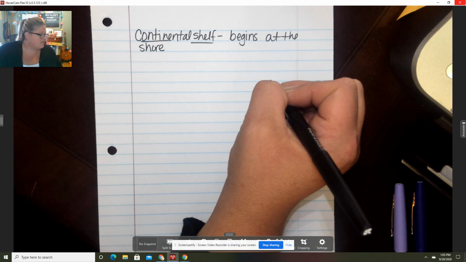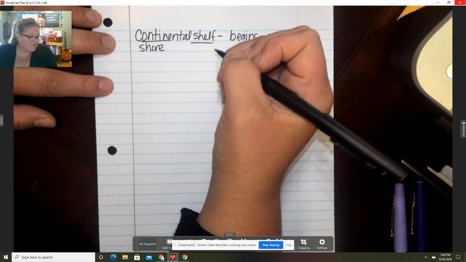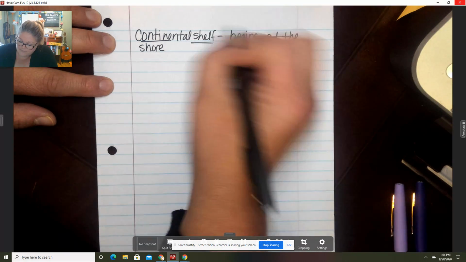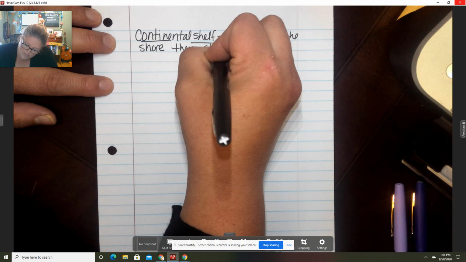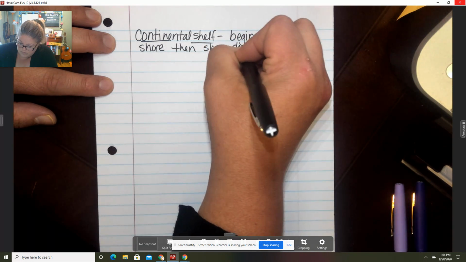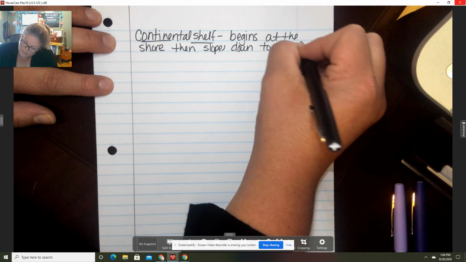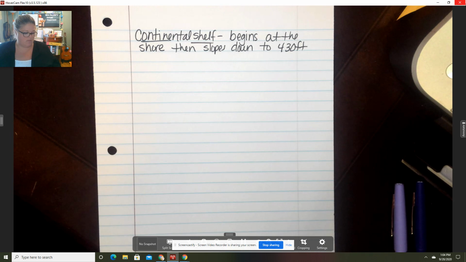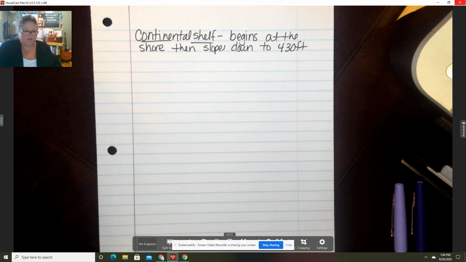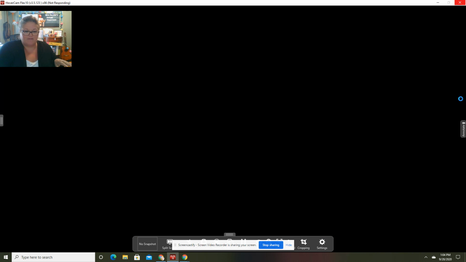And okay, so it begins at the shore and then slopes to an average depth of about 430 feet. Okay, and again, it's an average, so it's not going to be like that all of, around the ocean.